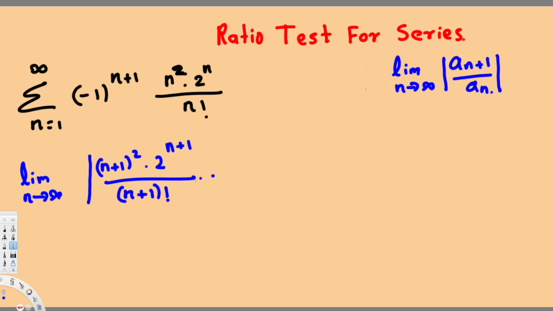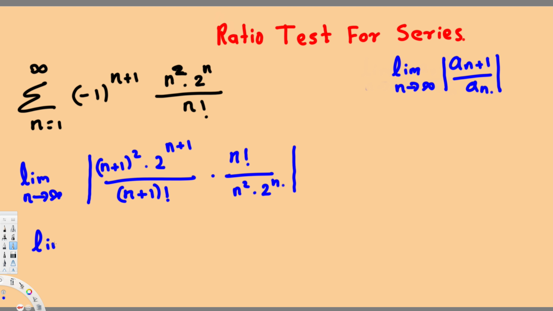So here, instead of dividing, I multiply by the reciprocal, which is going to be n factorial over n squared times 2 to the power n. Now, to make everything easier, we can arrange them in an order, with the factorials in one thing and the 2 powers in another.